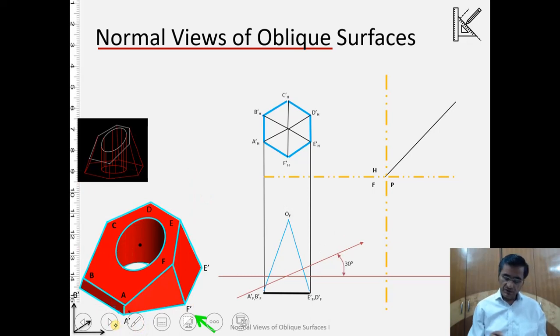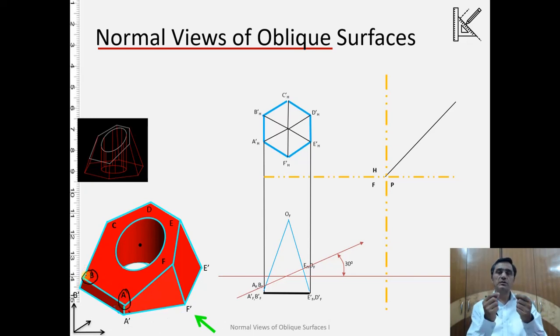Of course, the cutting plane which is given to us is making an angle of 30 degrees. So the point A and point B, again in this case, will be at the same point in the frontal projection. Similarly, the points E and D will again be at the same point in the frontal projection.